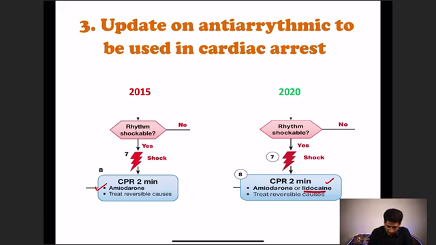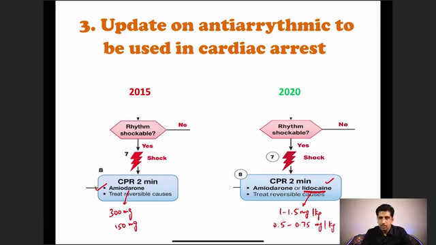Coming on to the dose. Amiodarone 300 milligram as the first dose and 150 milligram as the second dose. Coming on to the lignocaine dose, the first dose is 1 to 1.5 milligram per kg, followed by 0.5 to 0.75 milligram per kg as the second.